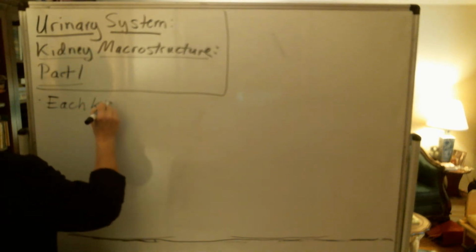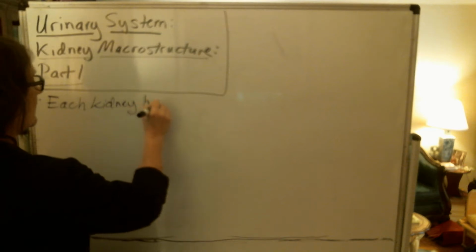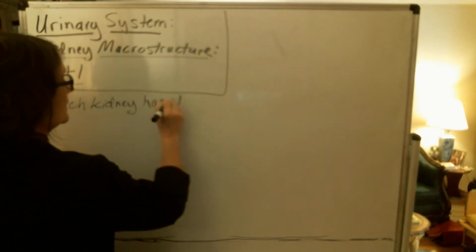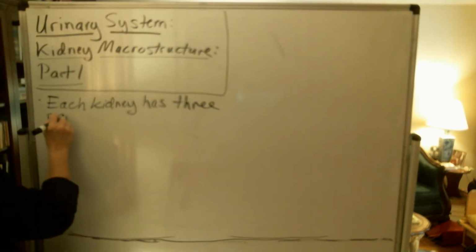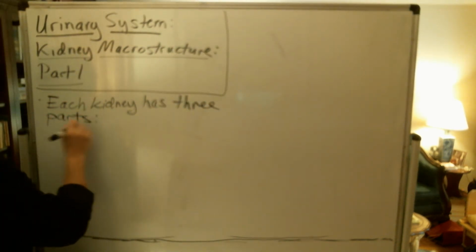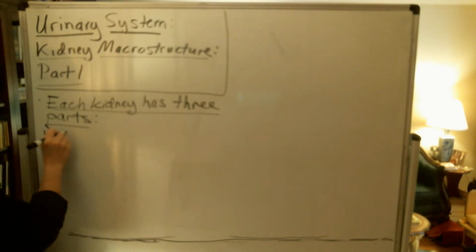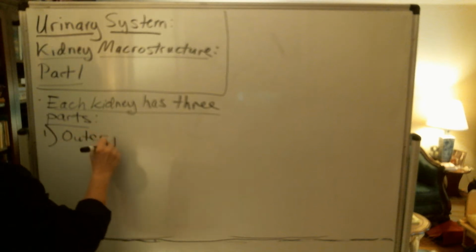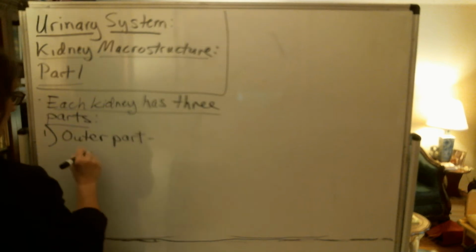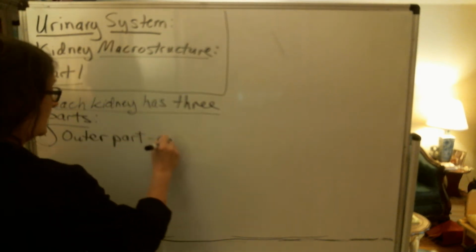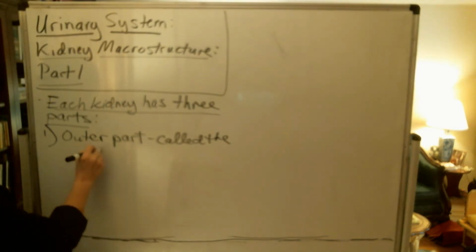So each kidney has 3 parts. And they are the outer part, which is called the cortex.